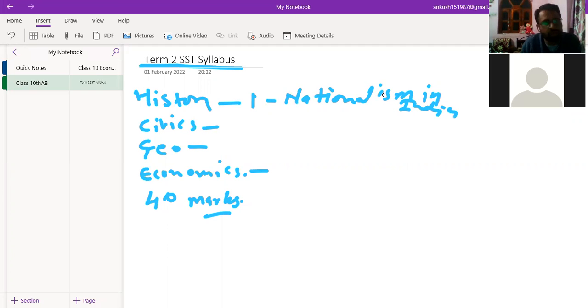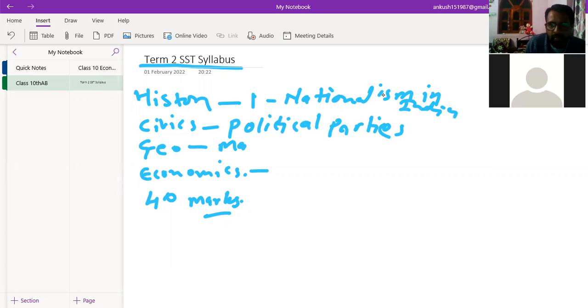There we will learn about the politics, meaning the political parties in India which are active there. Political parties. Okay. In geography, there are again 2 chapters: manufacturing industries.